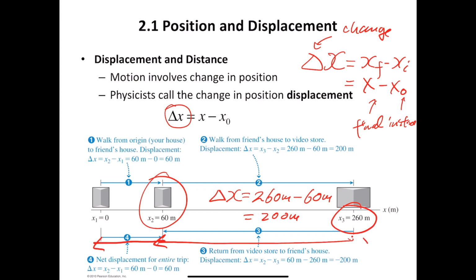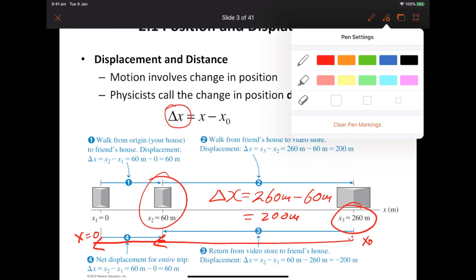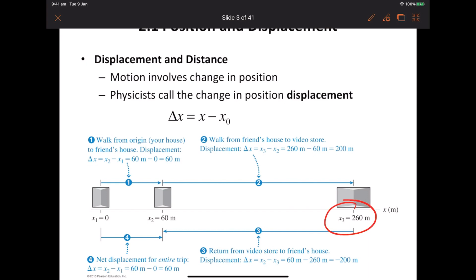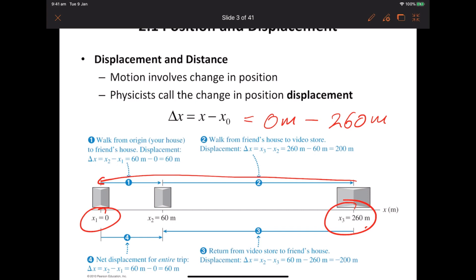So this is your initial, and your final is 0. How do you do the change? The change is always final minus initial. So this time the change is negative 260 meters.